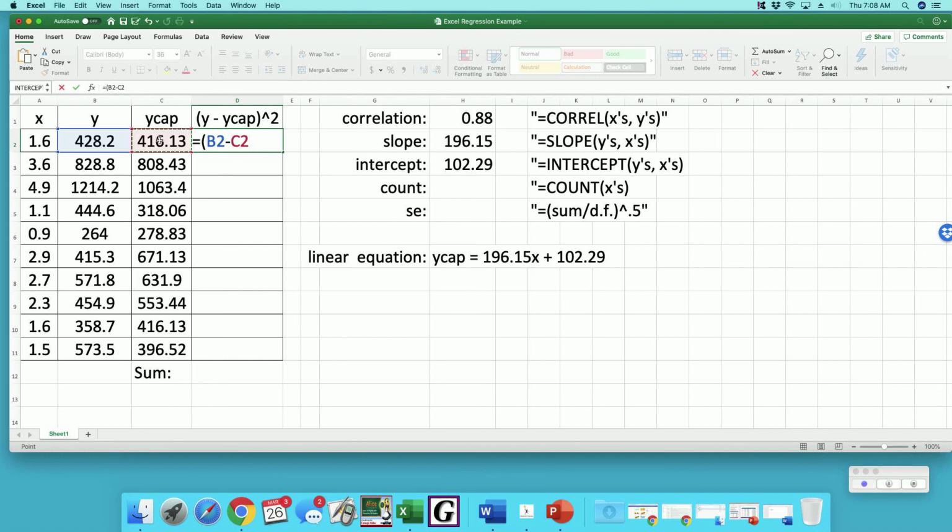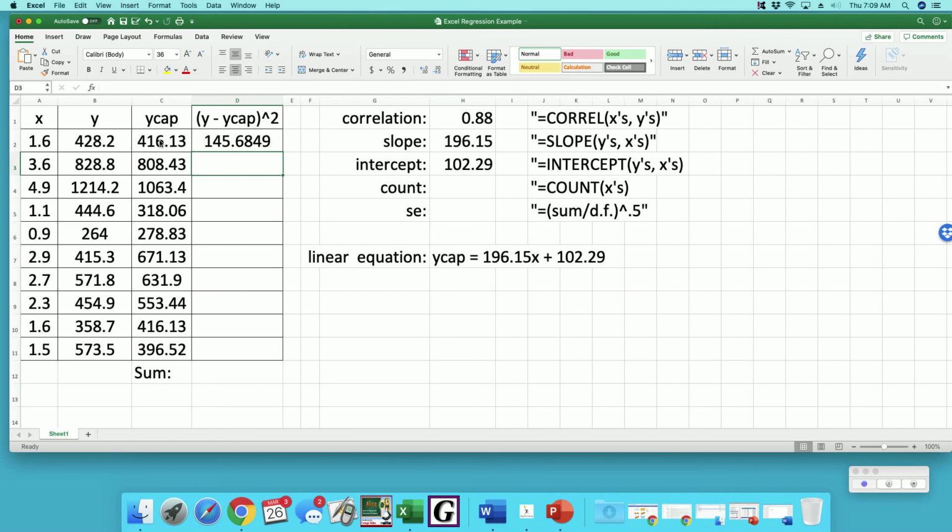You're going to close the parentheses. You're going to do the little chevron, which is shift 6, and then 2. So it's B2 minus C2 squared. The chevron is an exponent symbol in Excel.